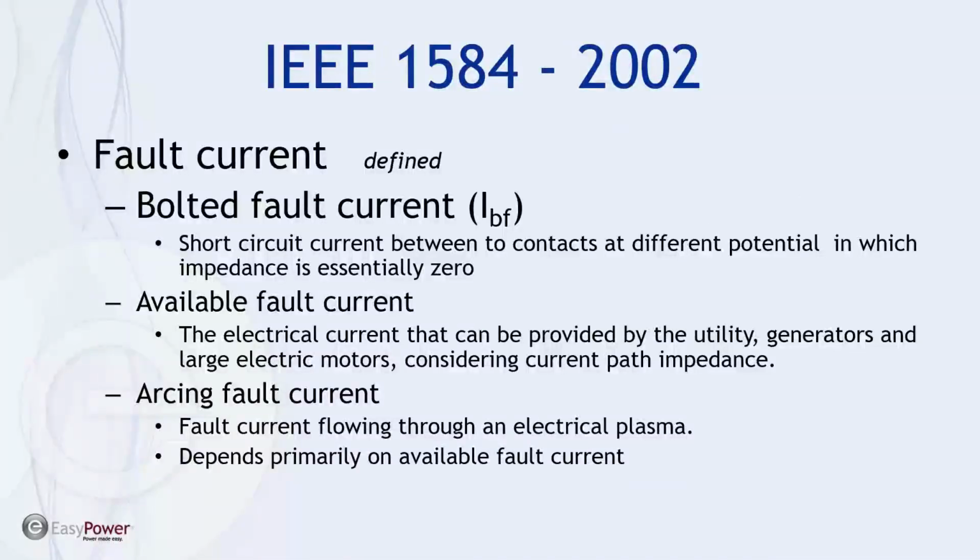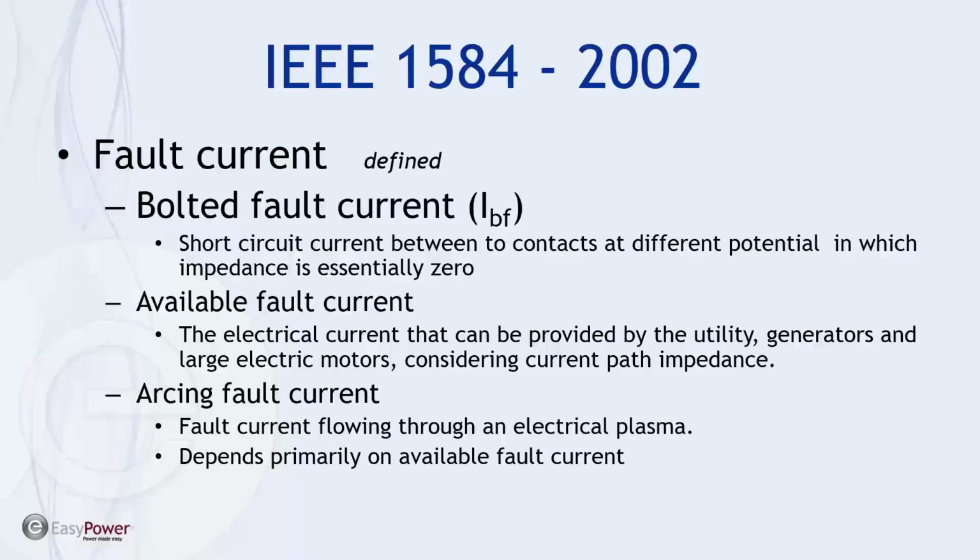So when IEEE 1584 2002 was released, one of the things that we learned as a result of the battery of testing that they did is that they defined several terms that, while they may have been understood, the purpose was to better define the correlation between things like bolted fault current and available fault current to the subject of arc flash characterization.